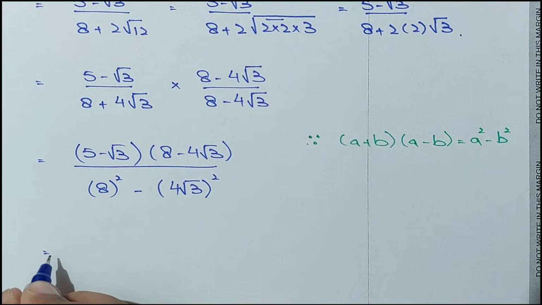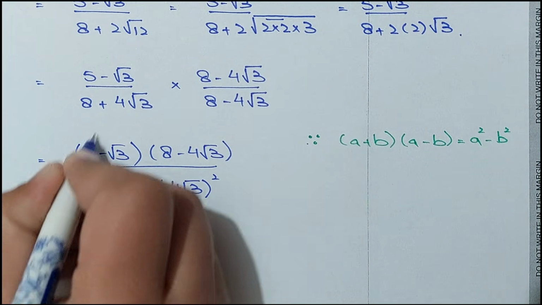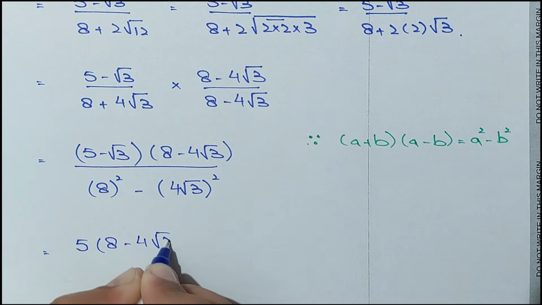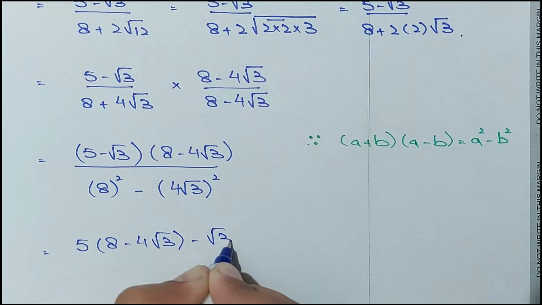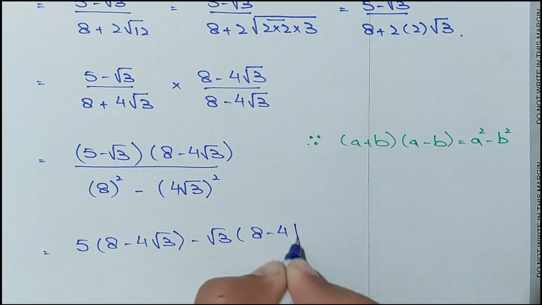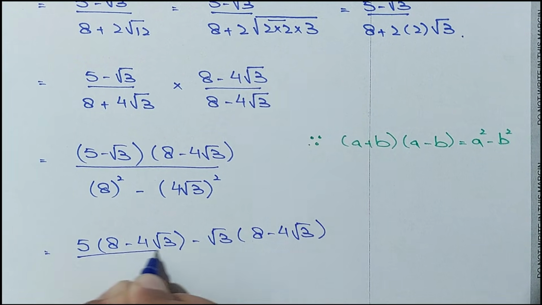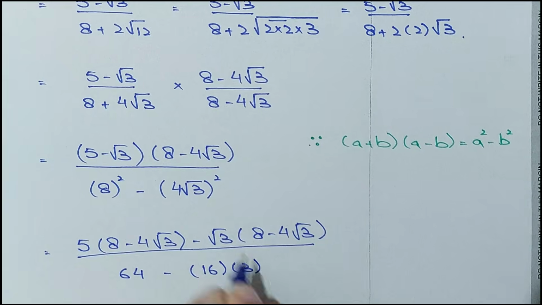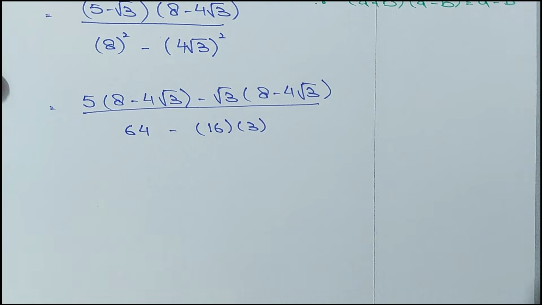Okay, for this simplification, 5 is multiplying with the bracket, minus root 3 is multiplying with the bracket, and in the denominator 8 times 8 is 64, 4 times 4 is 16, and this is just 3 because root 3 squared is just 3, right?